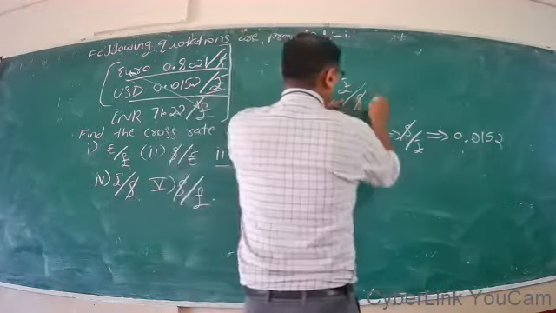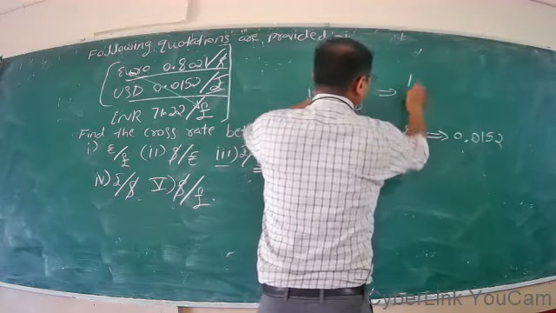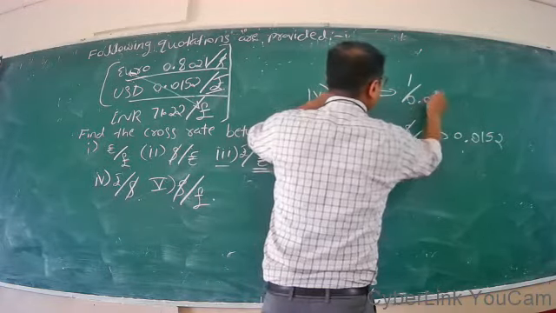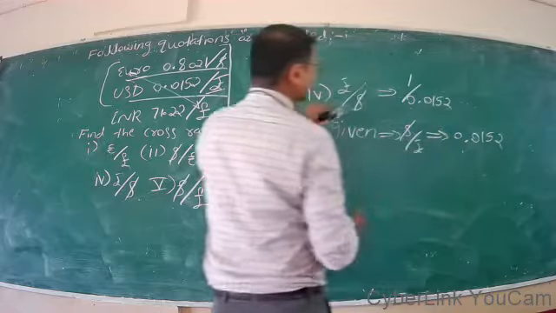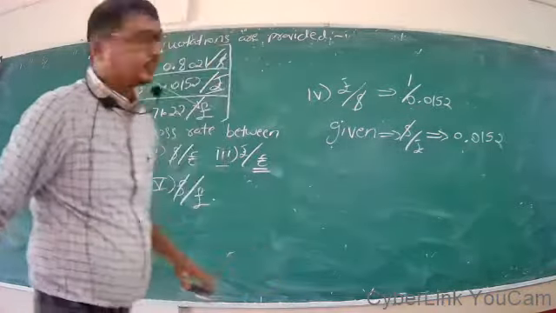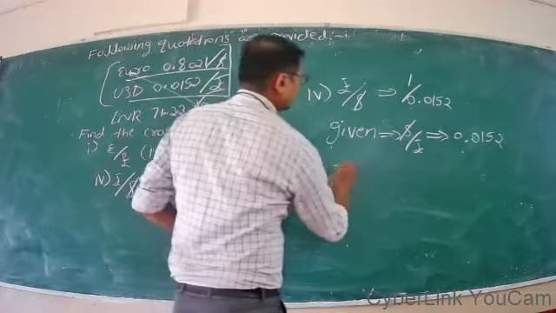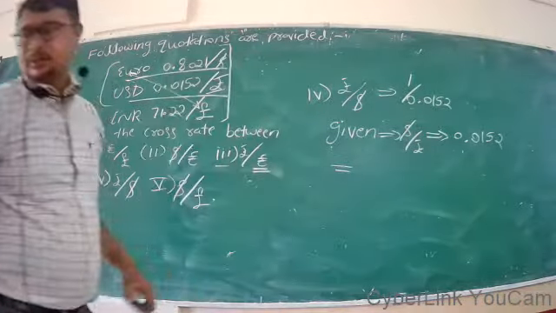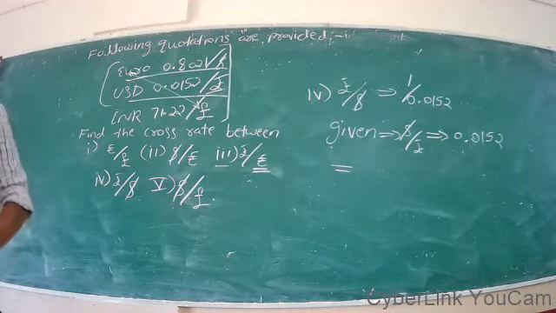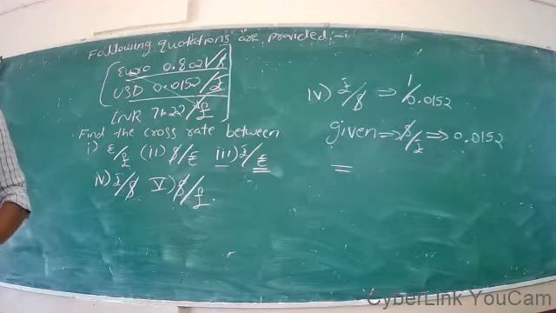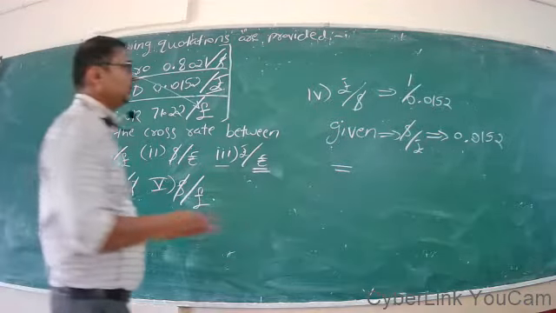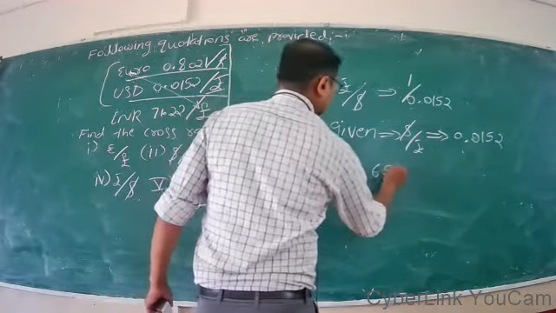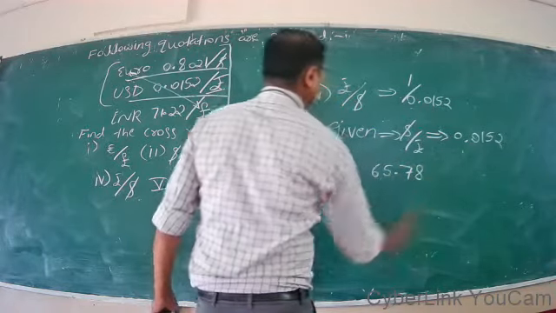So rupee per dollar is 1 divided by 0.0152, which comes to 65.78.